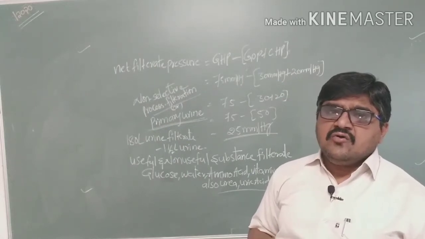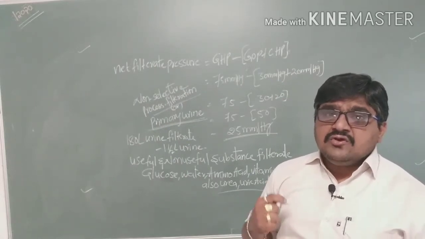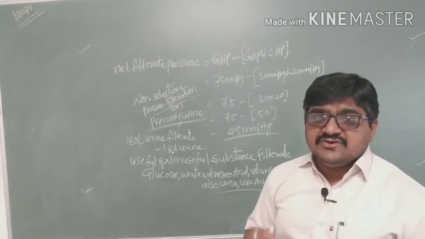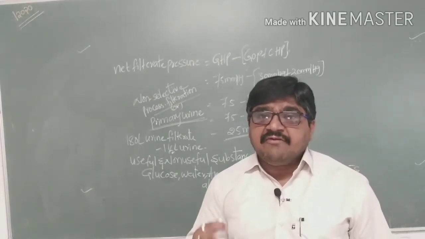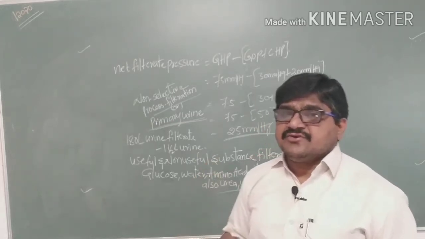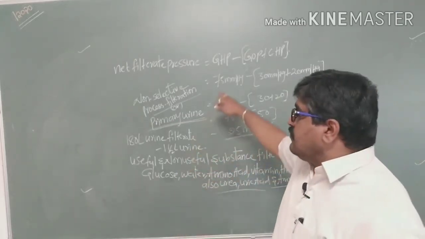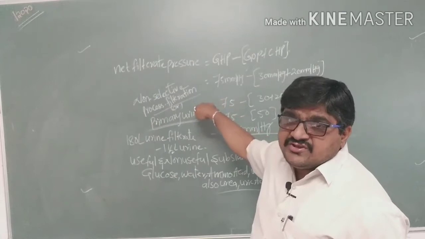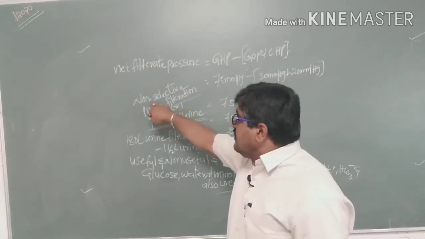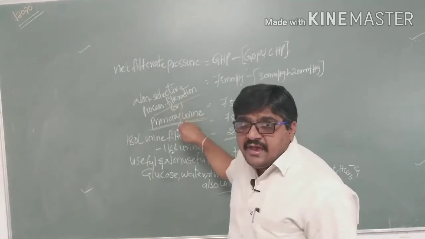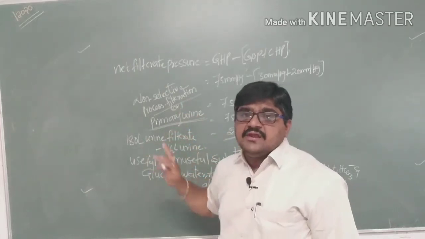This is how glomerular filtration takes place into the Bowman's capsule in the form of nephric filtrate. So this process is called glomerular filtration, or ultrafiltration, or non-selective filtration, or primary urine.